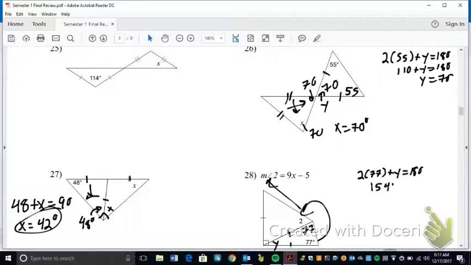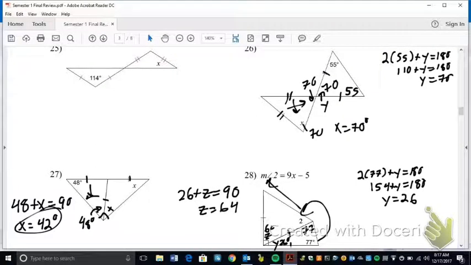That's going to give us 154 plus y equals 180, so y equals 26. So if that's 26, I'm going to name that other angle z. 26 plus z equals 90. So z equals 64.